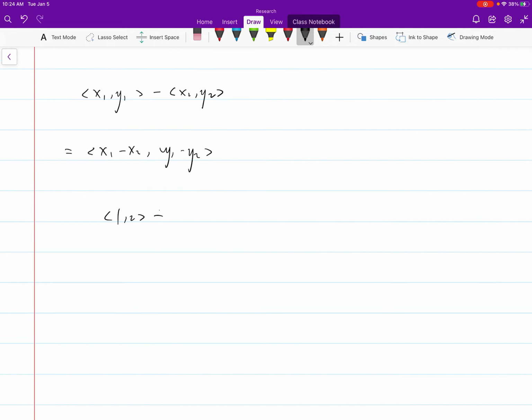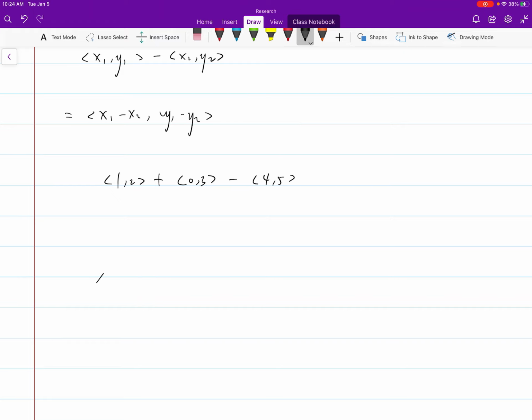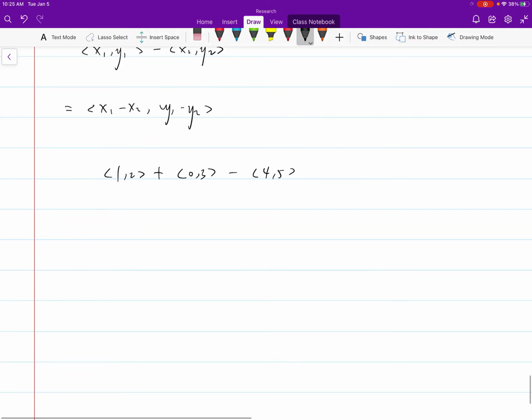So for example, from now on, I would say, hey, what is (1, 2), a vector, plus (0, 3), and then minus (4, 5)? To do it, you should first draw (1, 2), combine it with (0, 3). Okay, you got the new vector. And then you should draw (4, 5) here and draw another triangle to figure out what this final vector is. But now forget about all of them.